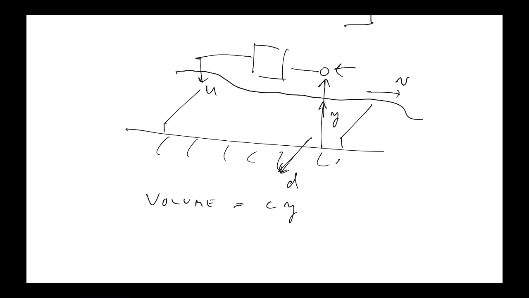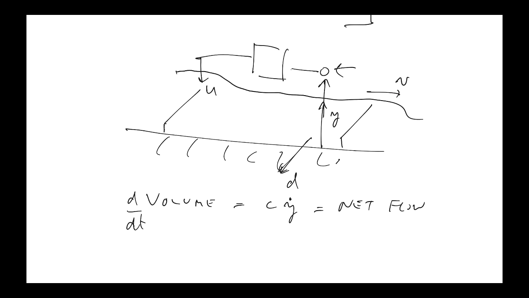And we know that the rate of change of volume, which will just be C times Y dot, will be equal to the net flow. And the net flow is just the difference between U and V plus D. V and D are going out and U's going in.